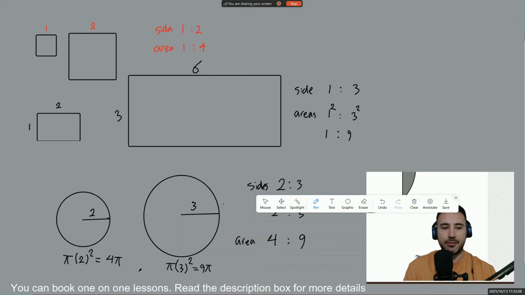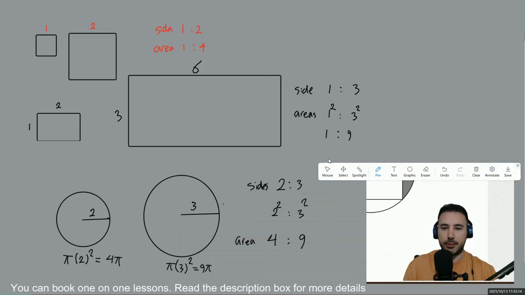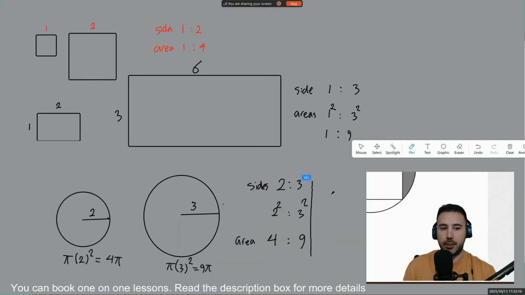Now, if we divide them, let's write it here. Let's put a line here. So we have 4 pi to 9 pi. Let's divide both sides by a pi to get rid of them. So you see now the ratio of the areas is really 4 to 9.